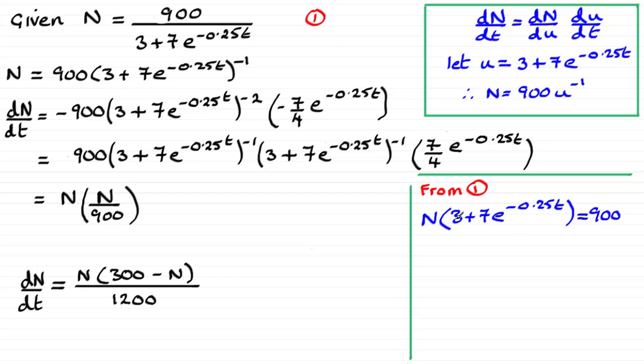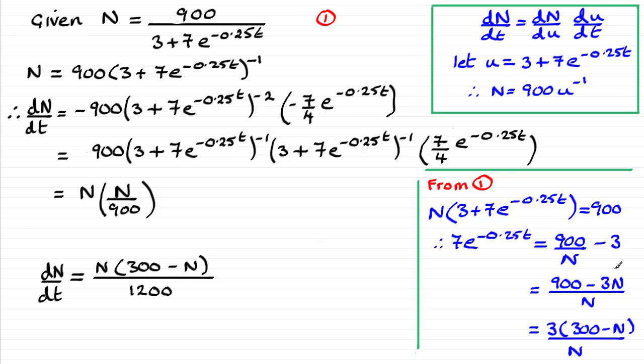And if I now divide both sides by n, that'll be 900 over n, leaves me with the bracket, and then subtract 3, what I'm going to get is 7e to the power minus 0.25t then equals 900 over n minus 3. Now this would look better if I put this all over n. And if I do that, we're going to get 900 minus 3n over n, and then I can pull out a factor of 3 and I get this result here.